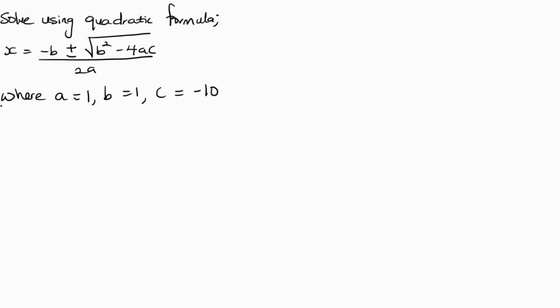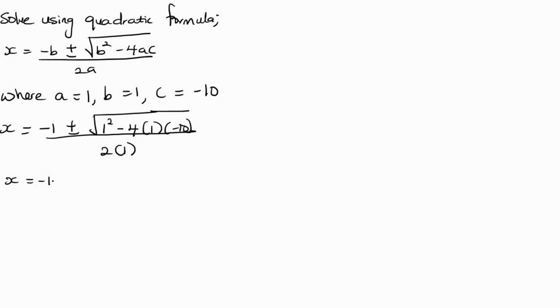So putting this into this, we have x is equal to minus b, which is minus 1, plus or minus the root of b squared, which is 1 squared, minus 4 times a, which is 1, times c, which is minus 10, all over 2 times a, which is 1. So this becomes minus 1 plus or minus the square root of 1 squared, which gives us 1, minus 4 times 1 times minus 10, which gives us plus 40, over 2 times 1, which gives us 2.